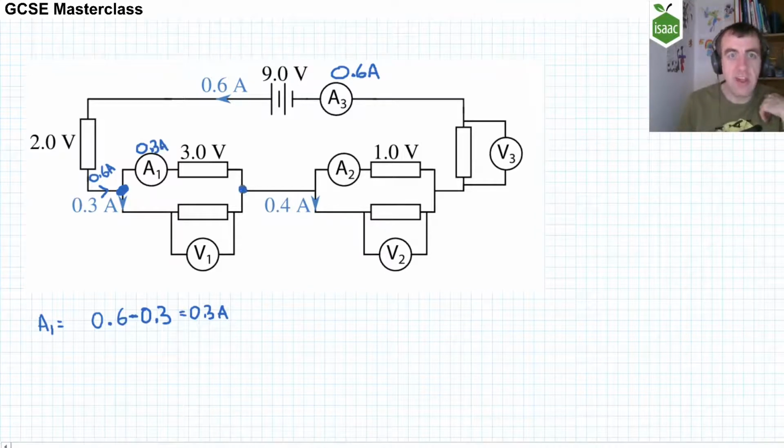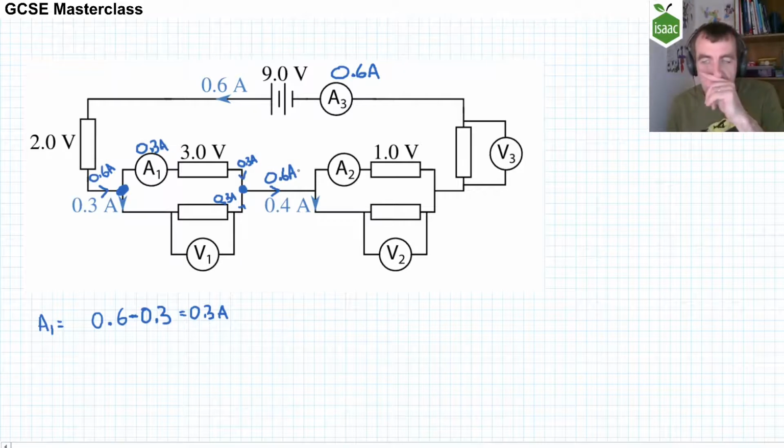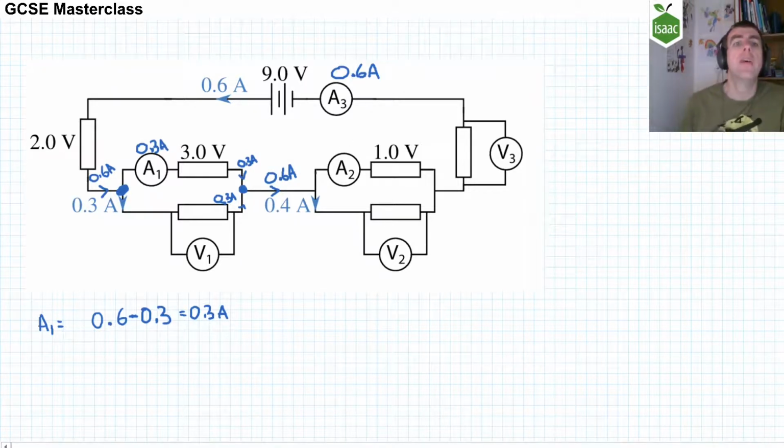At this junction here, which I've drawn with a splodge, we've got 0.3 amps and 0.3 amps going in. And so this bit in the middle is back to 0.6 amps. We haven't used up any charge, so we haven't used up any current. It's all there. And then we have a junction indicated by this splodge there, the third splodge from the left, or the splodge on the right.